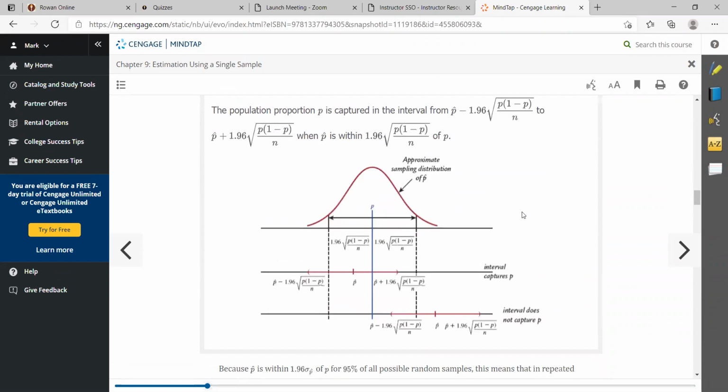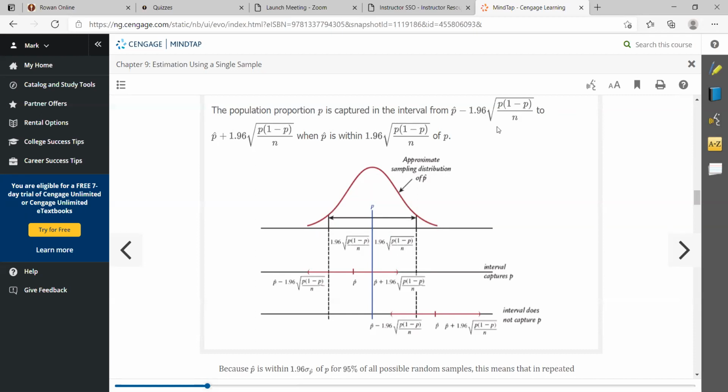Okay? And then once you have the correct critical value, which here is 1.96, notice the critical value is being multiplied by the standard error. And that's the construction process in creating a confidence interval.